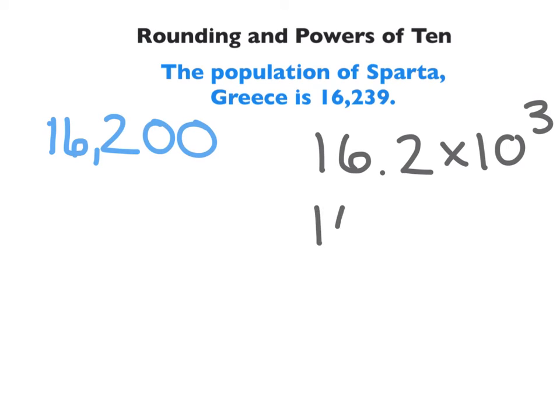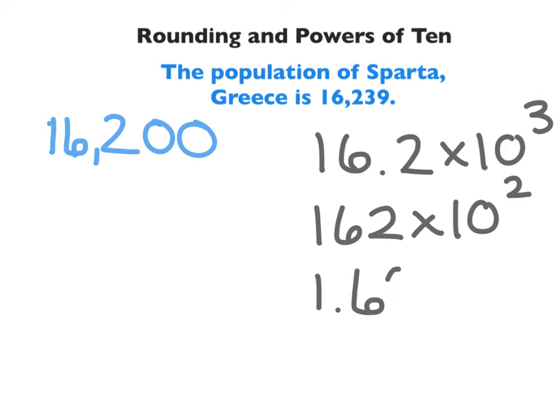I could show 162 times 10 to the second. I could also have 1 and 62 hundredths times 10 to the fourth. Okay, the same population, just rounded to a different place value than our first example.